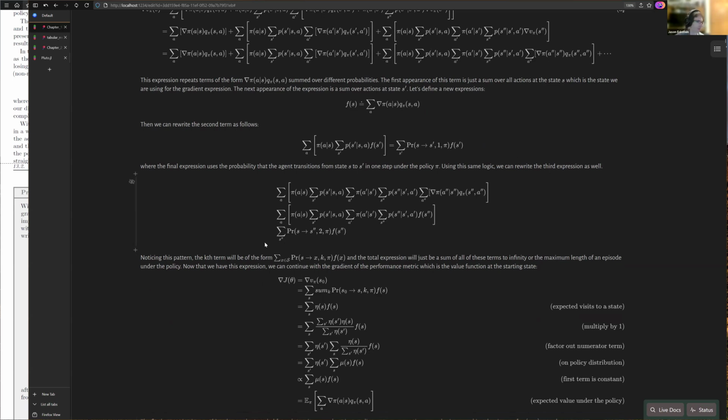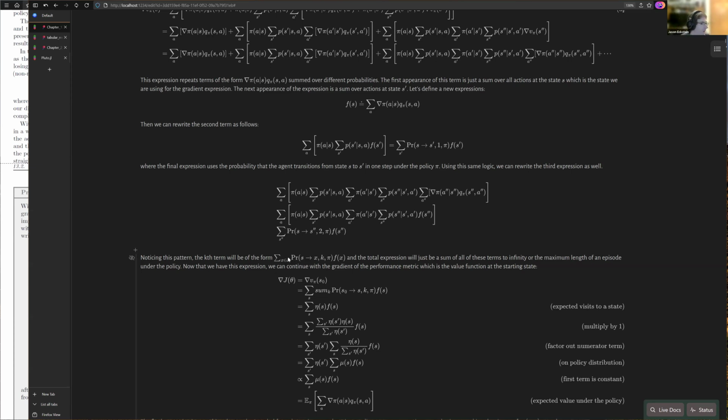Here I'm replacing this index with a sum over all the states in the state space. That's this X, all the possible states. And then it's the probability of transitioning from the starting state into X after K steps. And then we would evaluate F at X, whatever that transition state is.